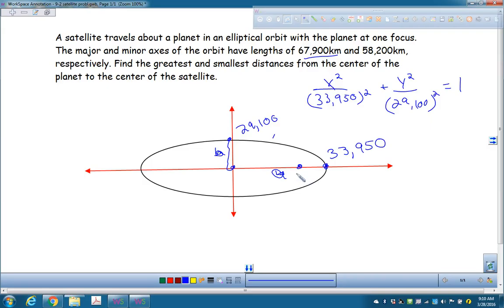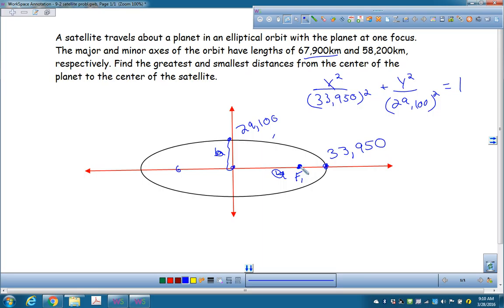With planets, you're going around an elliptical orbit, because there's gravitational forces, from the center of the planet to the satellite.